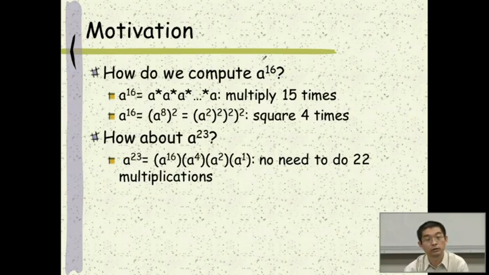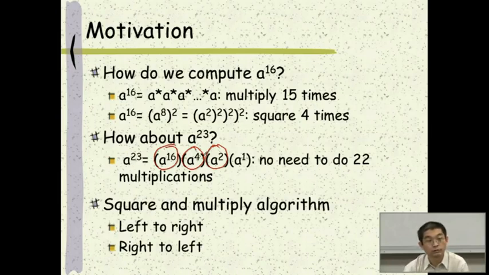There's no need for me to do 22 multiplications. I can calculate a to the power 16, a to the power 4, and a to the power 2, and multiply them together. I don't count exactly how many multiplications we are doing here, but definitely fewer than 22.